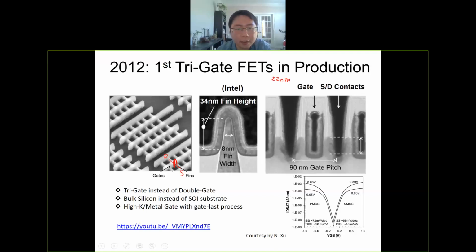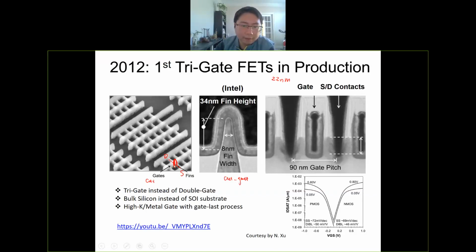And if you cut the chip along the gate direction, this is the cut gate cross-sectional image. So if you cut along this gate direction, you will see this kind of image. The fin will be in and out of the plane. And you see the fin is very thin, only 8 nanometer in fin width, and height is 34 nanometer.